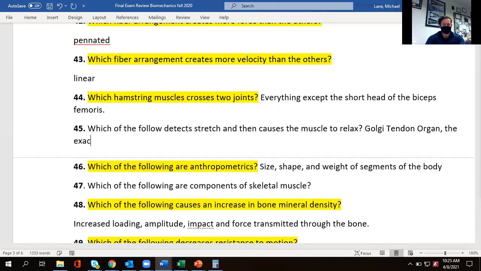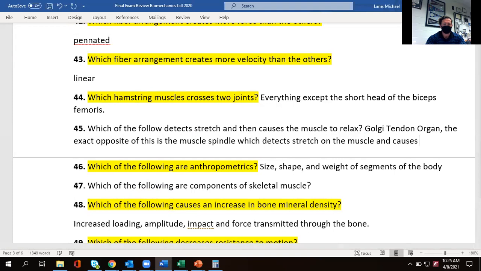Now, the exact opposite of this is the muscle spindle, which detects stretch on the muscle and causes it to contract.